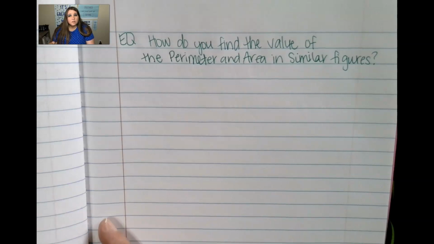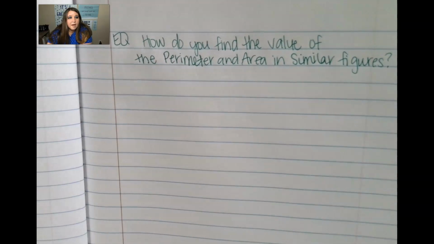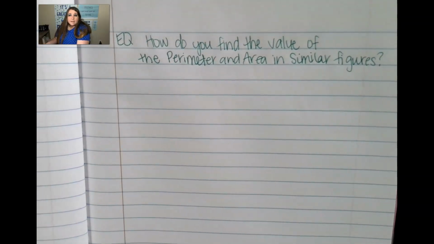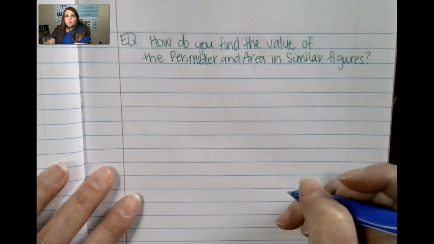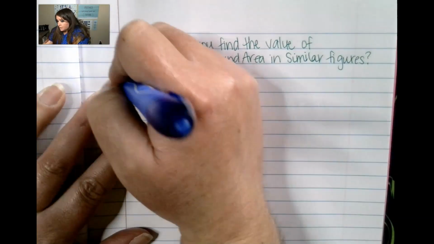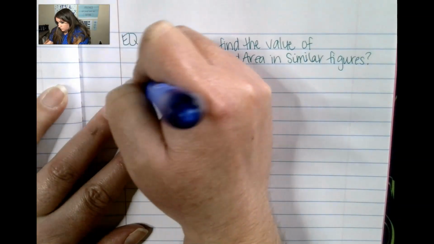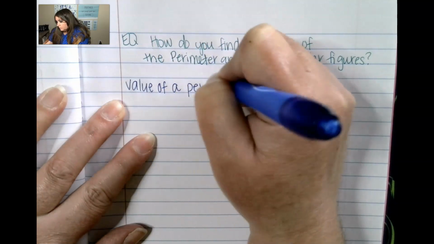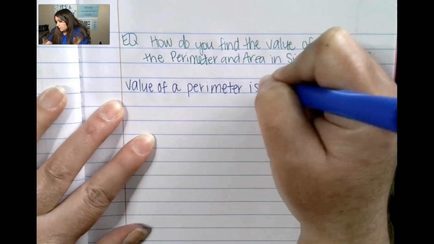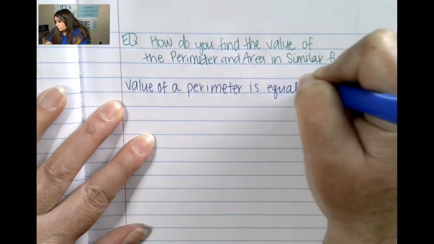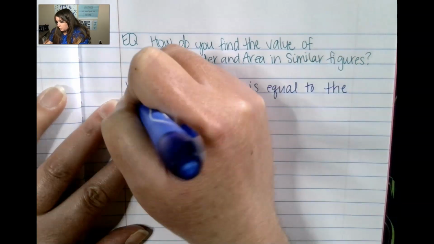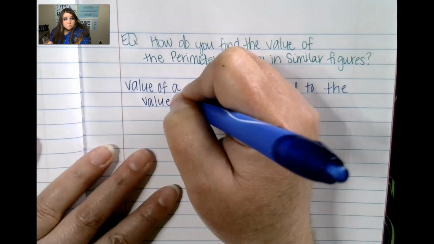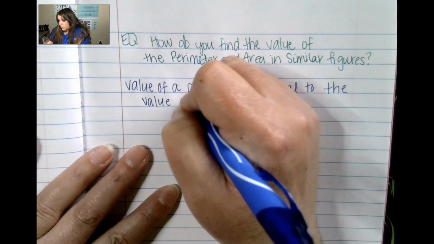The most important thing to know is that the value of a perimeter is equal to the side lengths, the proportion that's formed from the side lengths. So the value of a perimeter is equal to the value of the ratio.